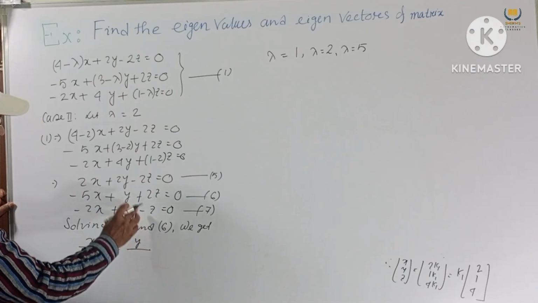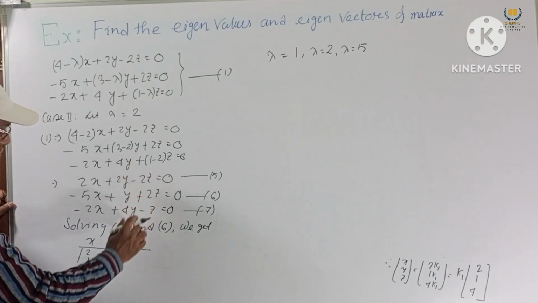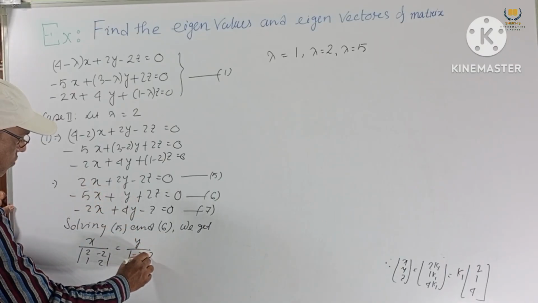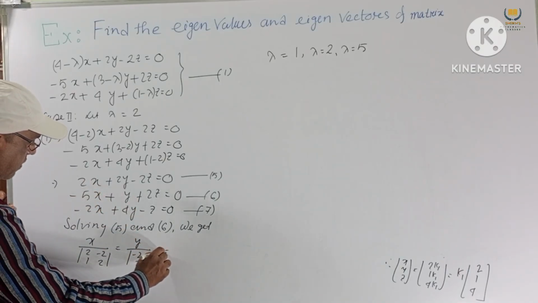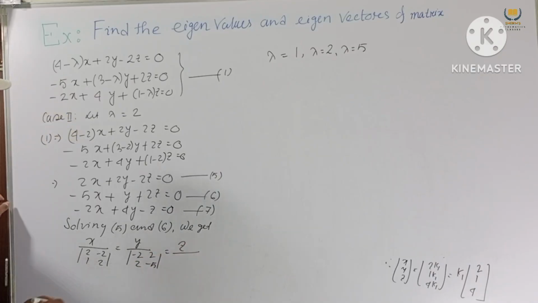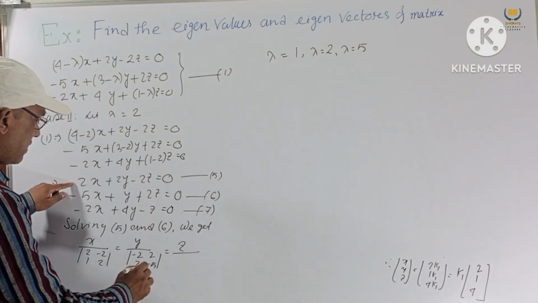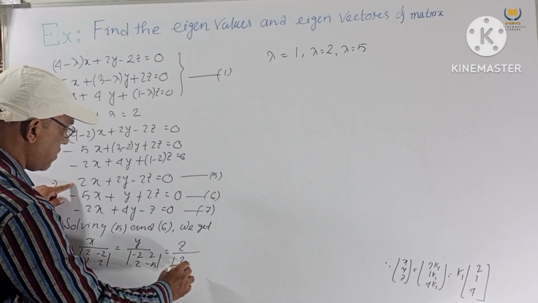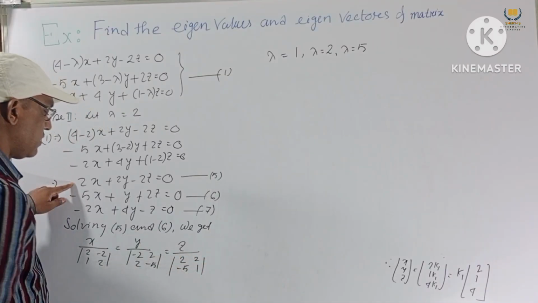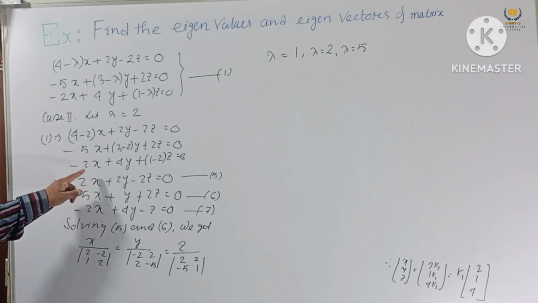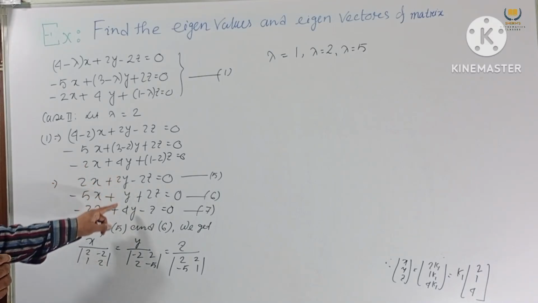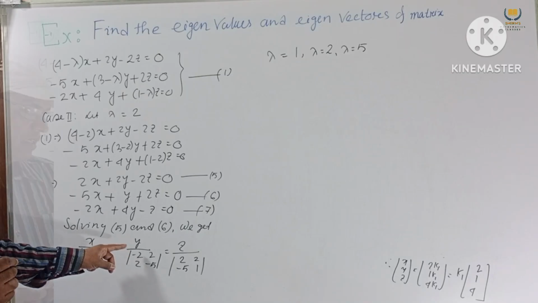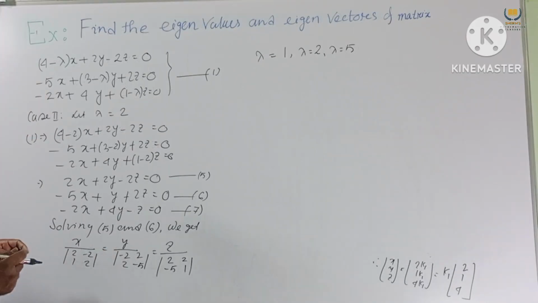Next y, this one cancels: minus 2, 2, 2 minus 5. Z, this one cancels: 2 minus 5, 2, 1. Then x, this one cancels: 2, 1, minus 2, 2. Y, so we get this one.